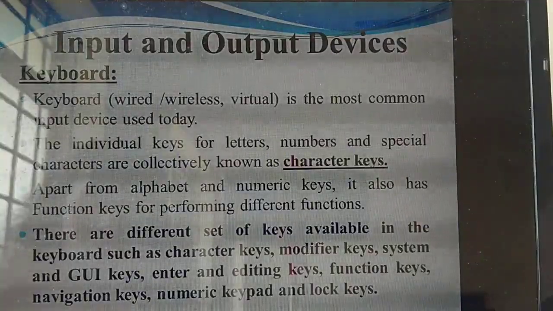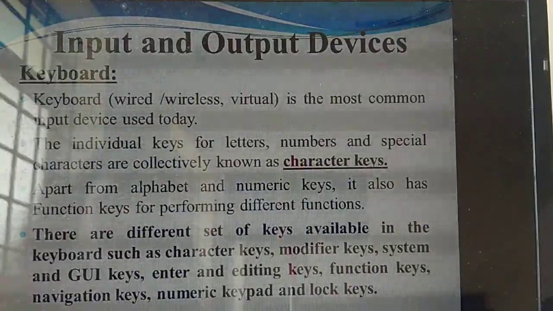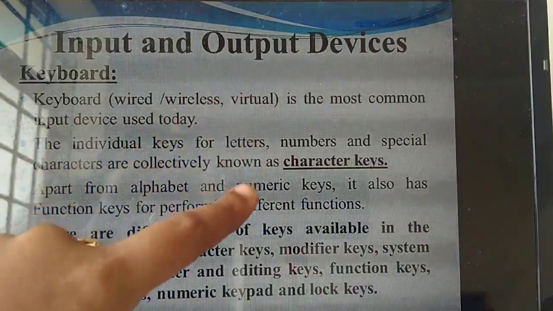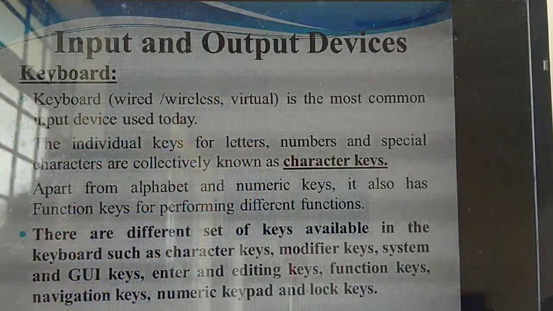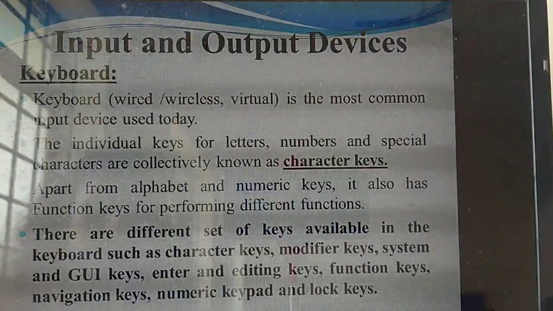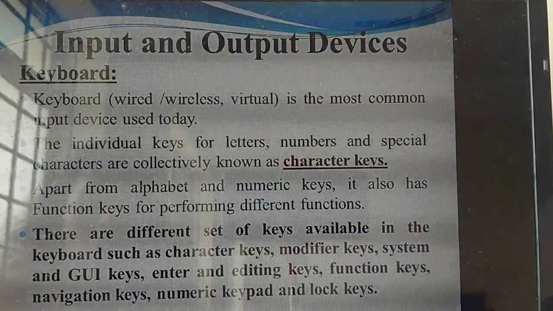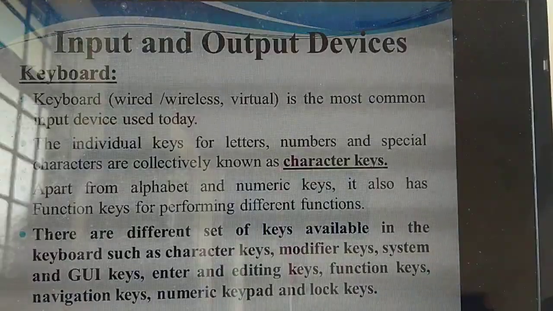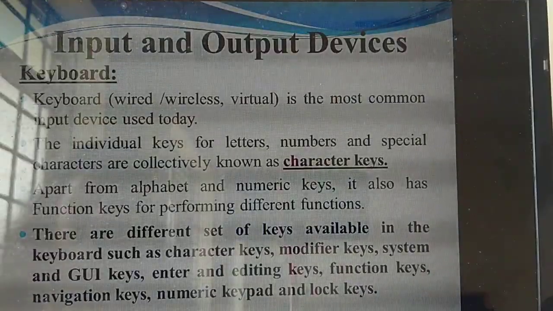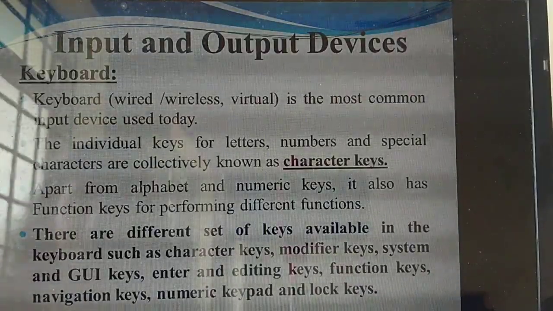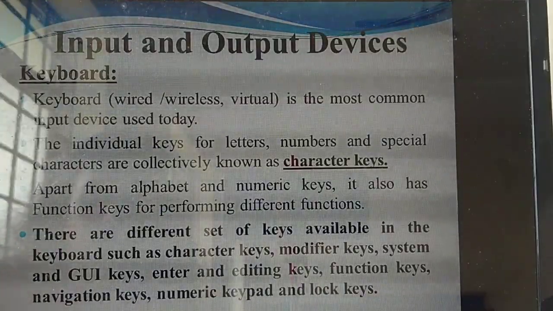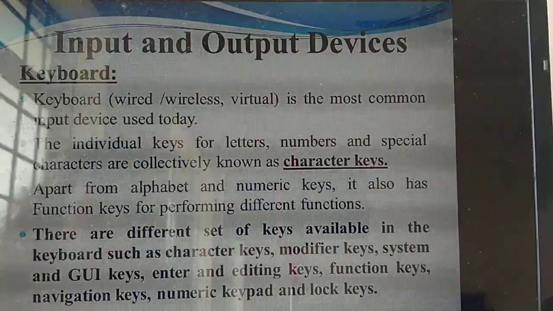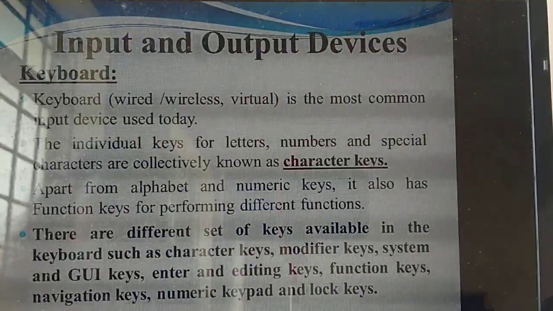They are called character keys. Understand? Yes. Apart from the alphabet and numeric keys, function keys are also there. If you see the keyboard at the uppermost level, in the first line, you will see a lot of function keys, from F1, F2, F3 up to F12. That is called as which key?